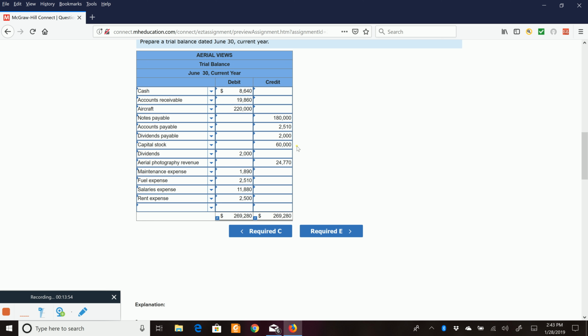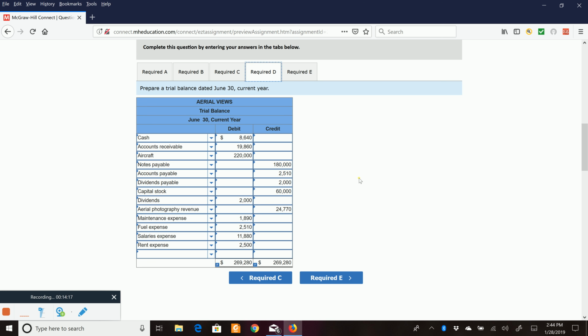And then our equity. Equity increases with credits and decreases with debits. So the capital stock will increase equity, has a credit balance. The revenue makes equity increase, it's got a credit balance, and the dividends and the expenses make equity decrease. So they're going to have debit balances. And you'll see at the end of the period, the debit column equals the credit column.